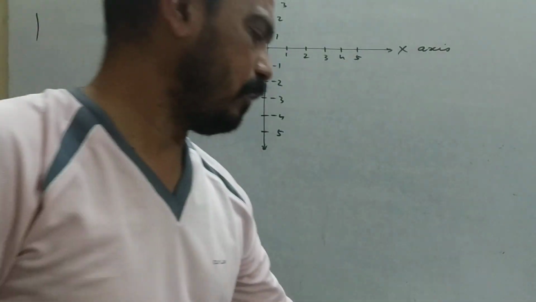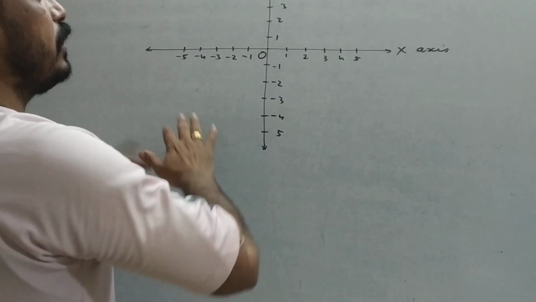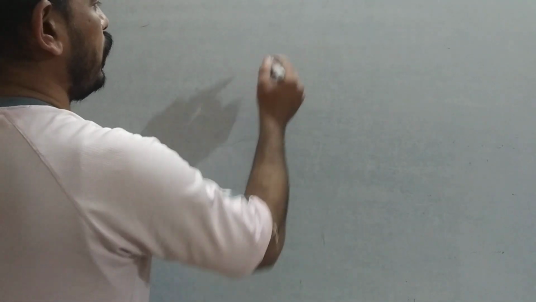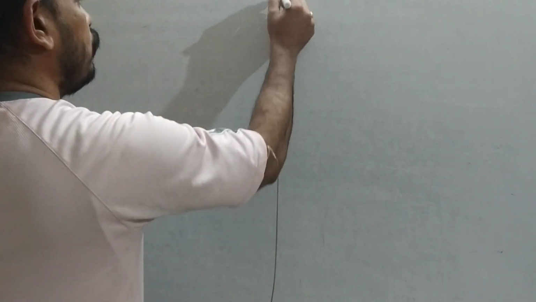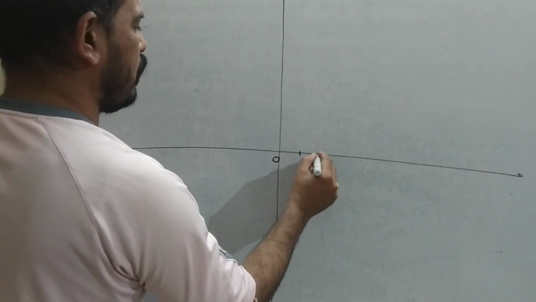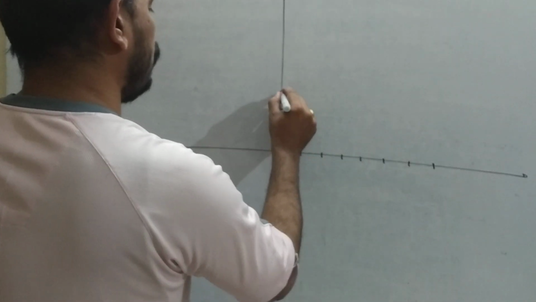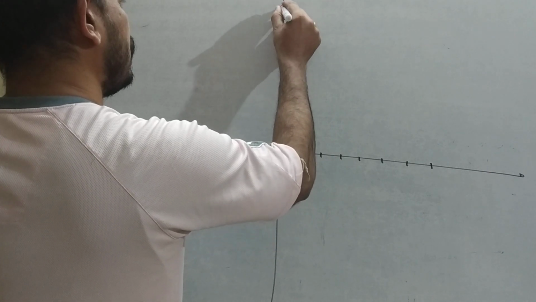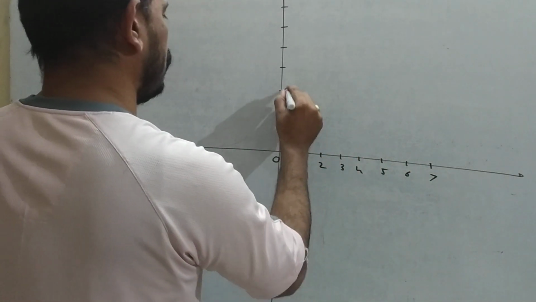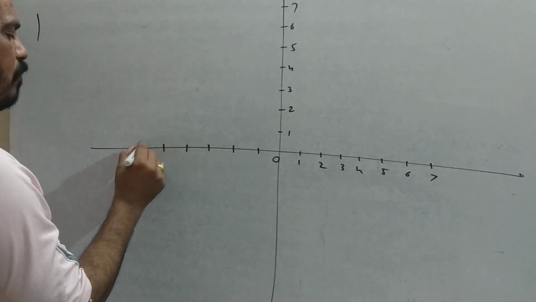Now let's see. This horizontal line is the x-axis, and this vertical line is called the y-axis. This divides the plane, the Cartesian plane or coordinate plane, into four parts. This is the origin. On each side we mark 1, 2, 3, 4, 5, 6, 7, and on the negative sides -1, -2, -3, -4, -5, -6, -7.